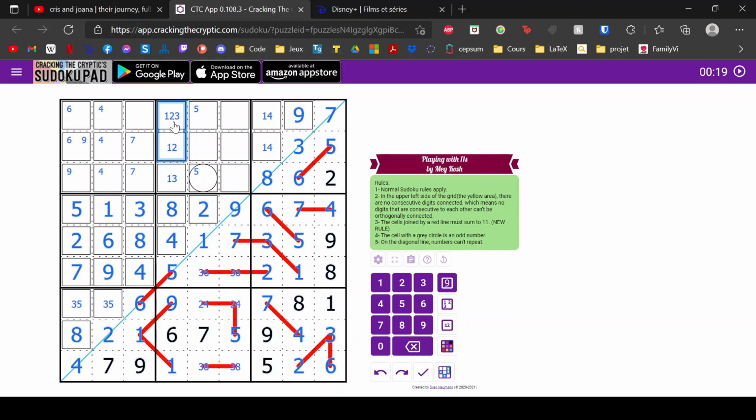So since those 2 have to be the 2s, it can't be the 1. So that's, wait, what am I saying? It's not a 1. It's a 2, 3, which can't be next to each other. So that is the 3, that is the 2, and it's the 7. Oof, that was complicated. That's the 7.